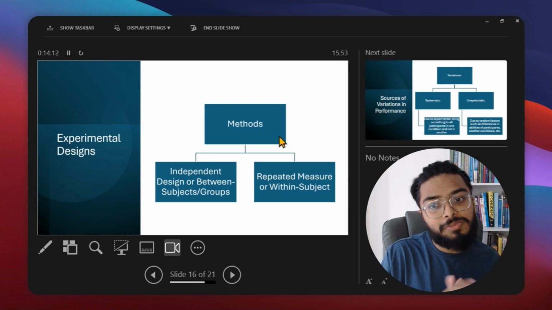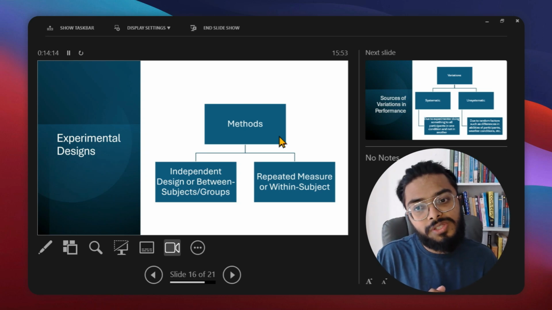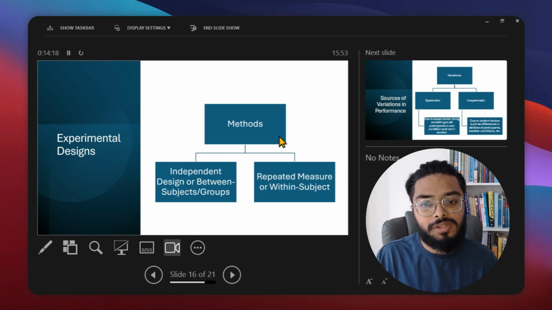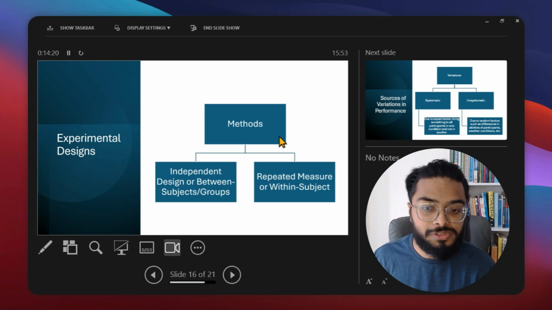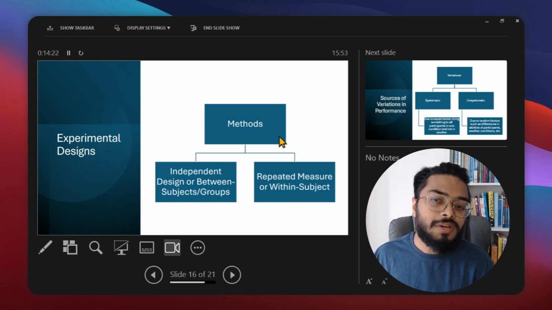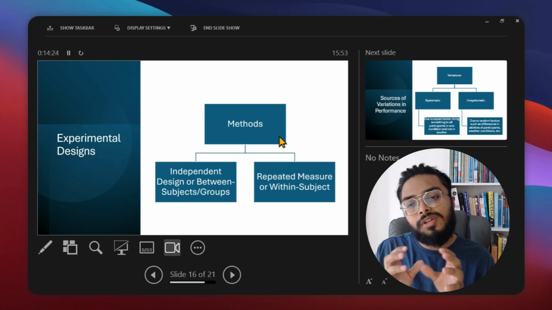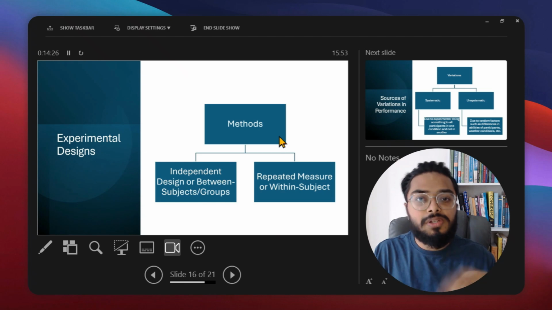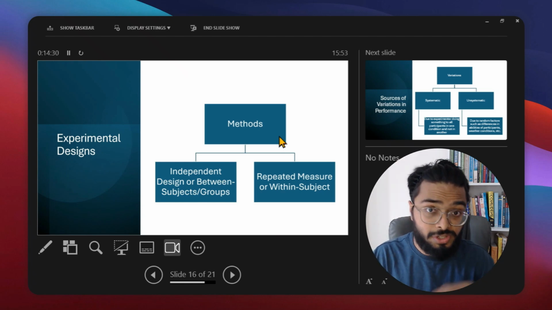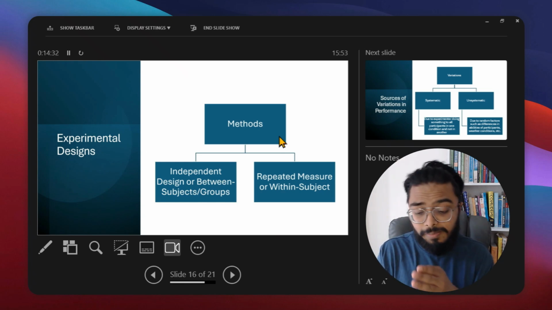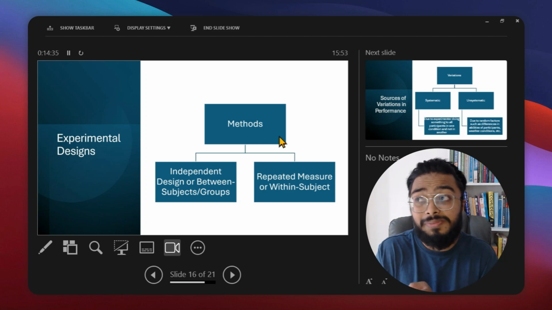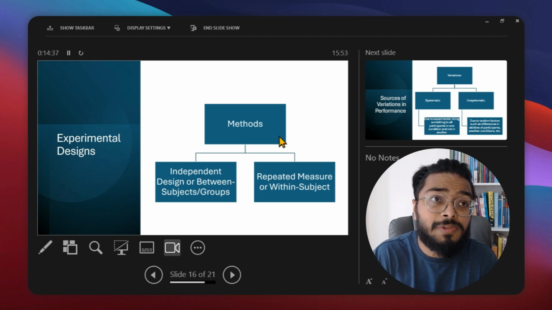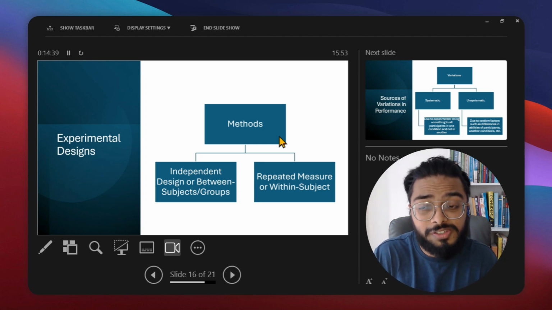But then there are also types of studies which are called repeated measures. Okay, in repeated measures, what happens is that you repeat the intervention on the same group of people. So for example, let's say you have one group of people diagnosed with post-traumatic stress disorder.